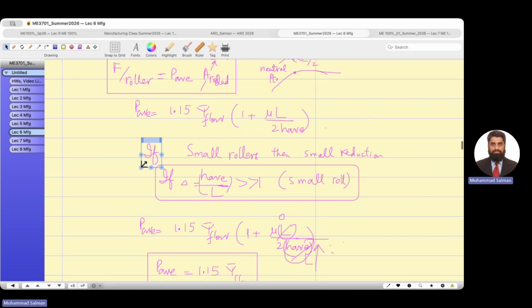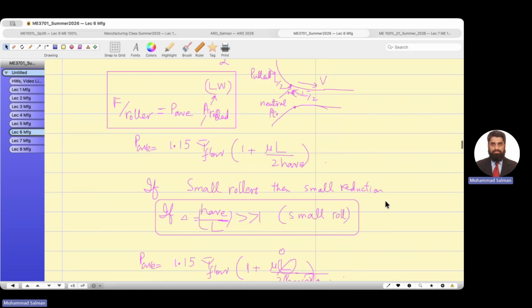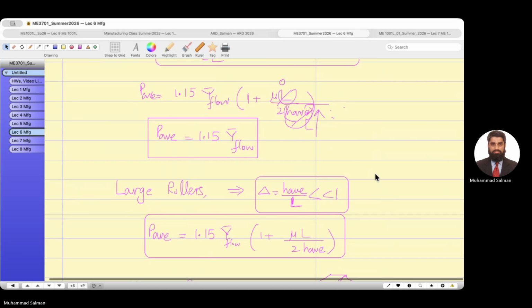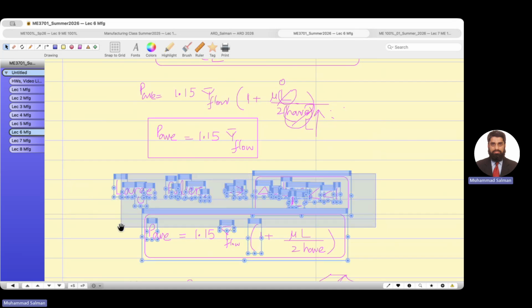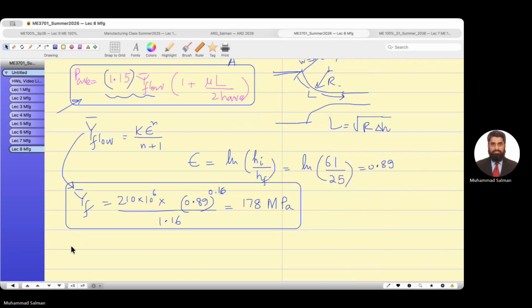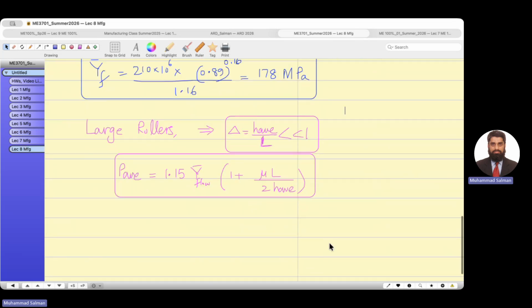Can you find out this one? I want to share with you, before you jump to the P average formula, I forgot that you have to check whether these are the large rollers or small rollers from this formula.